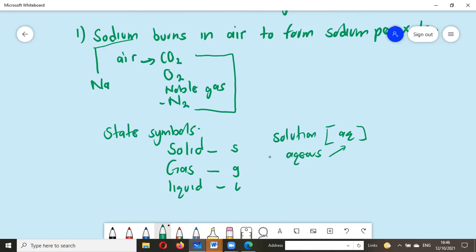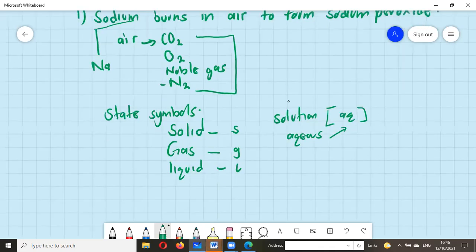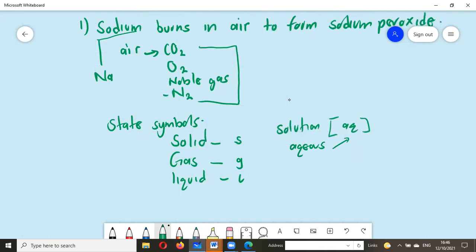So that means sodium is a solid. Sodium, Na, is a solid, S. It burns in air, oxygen, which is a gas, forming sodium peroxide. Now, we must have the conditions.